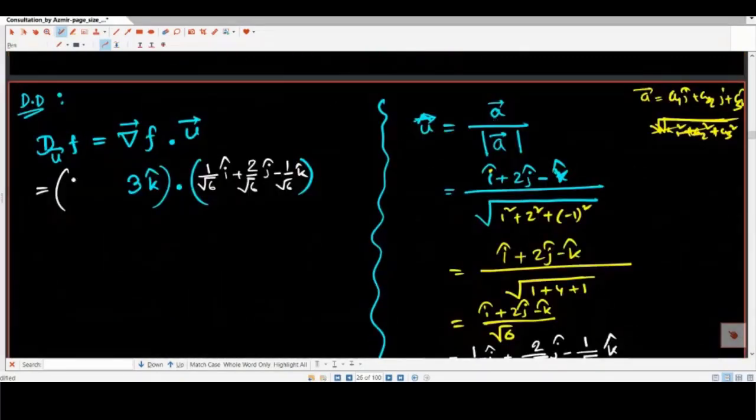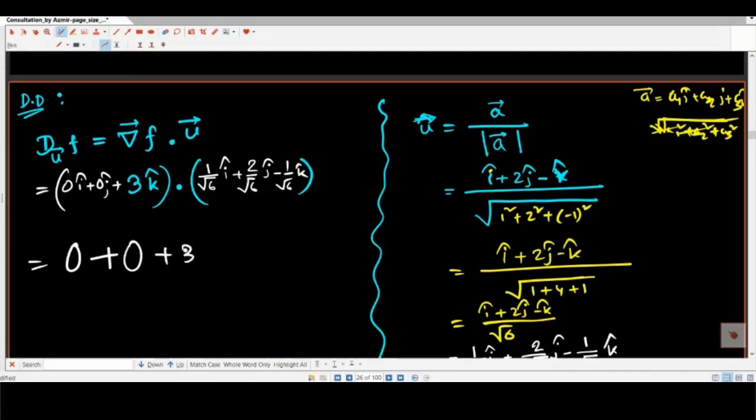So 0 times this one is 0, plus 0 times this one is 0, plus 3 times minus 1 over square root of 6.